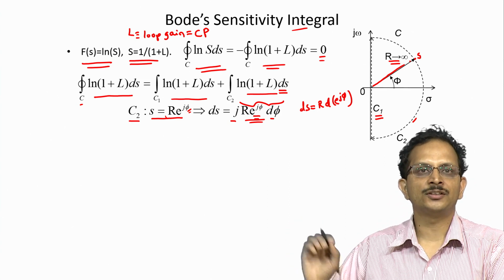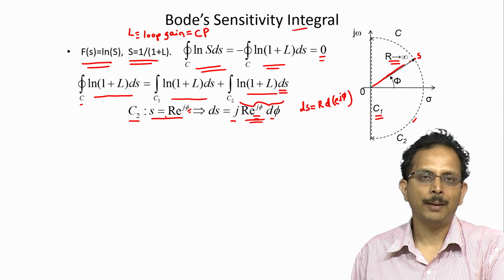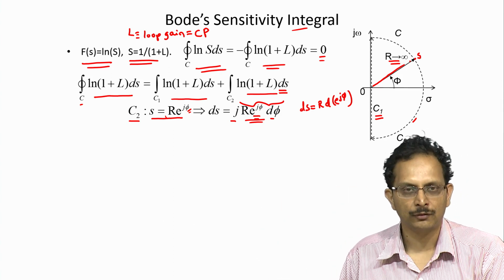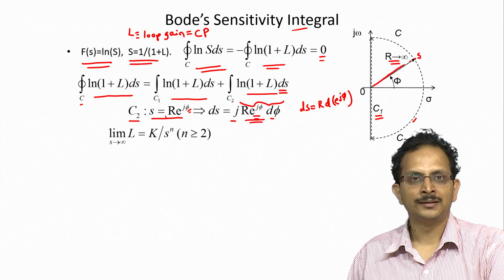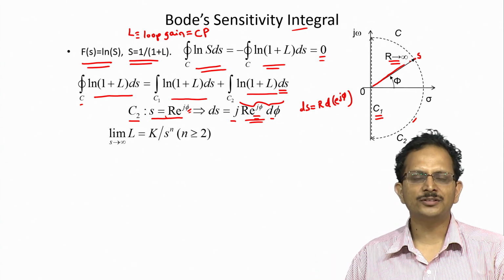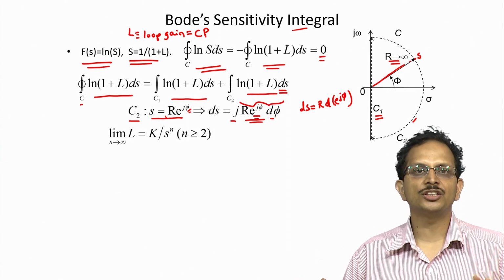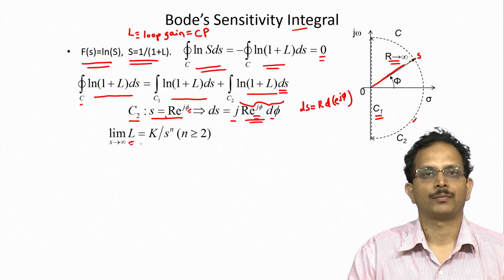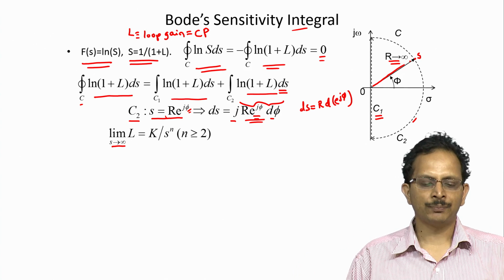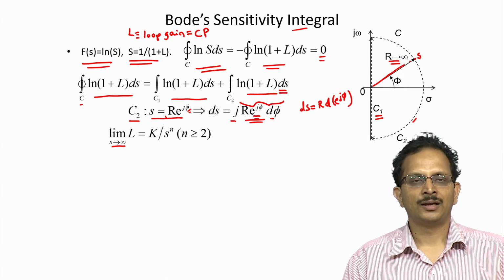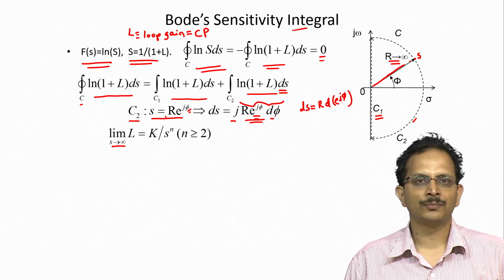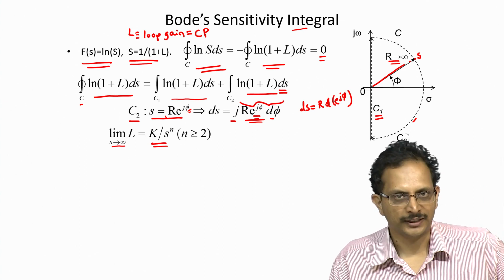Since the radius of this contour is capital R, which tends to infinity, and hence this contour encompasses the entire right half of the complex plane, we note that the values of s on this contour are going to be significantly greater than all the poles and zeros of our loop gain L. Now, when s tends to infinity, or equivalently when capital R tends to infinity, we note that our loop gain L, which is essentially a cascade of the controller transfer function and the plant transfer function, will reduce to the term k by s power n.